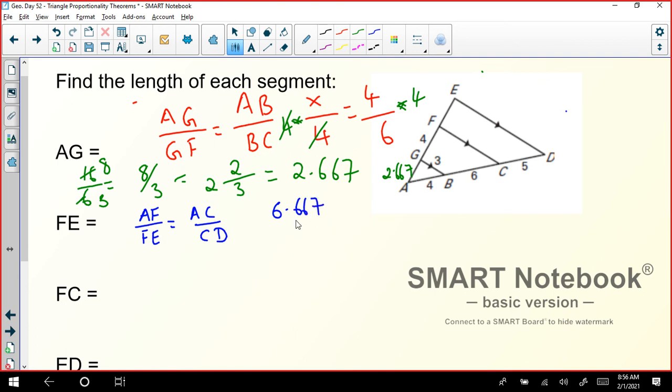And FE, I don't have the value of FE, so I'll just leave it as FE. Then AC is going to be once again 4 plus 6, which is 10. And CD is going to be 5.